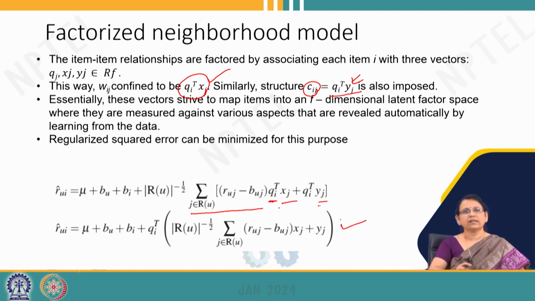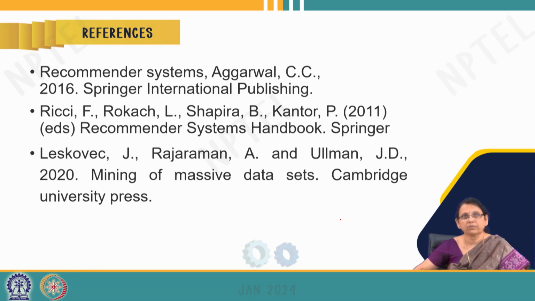Now, such a model you can think of deriving for the users from considering the user similarities or user relationships, and we can even combine these items with users to make a factorized neighborhood model with user and item additional parameters for users and items.